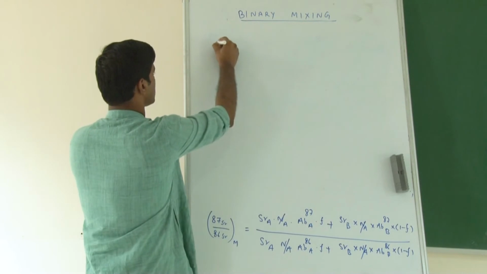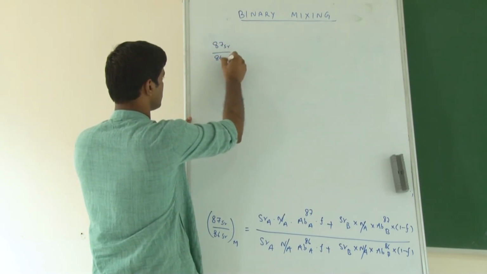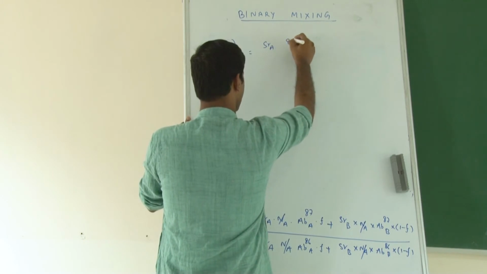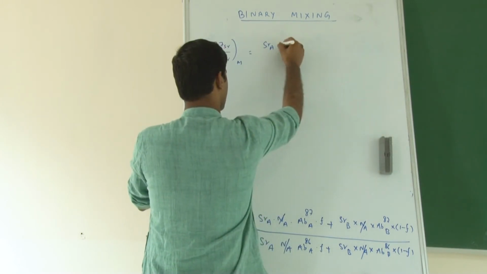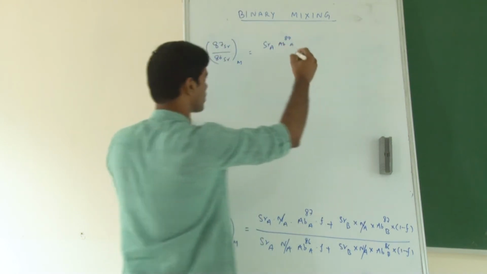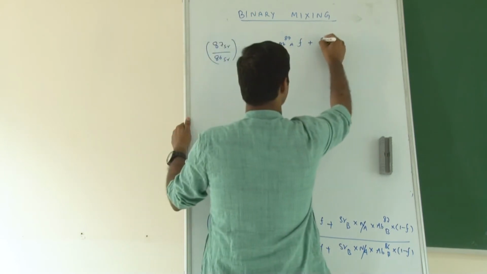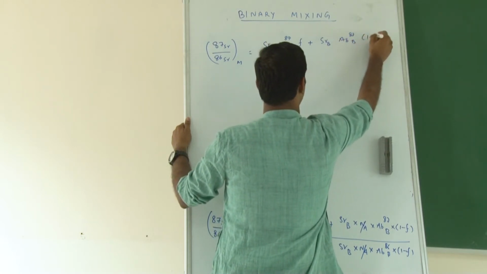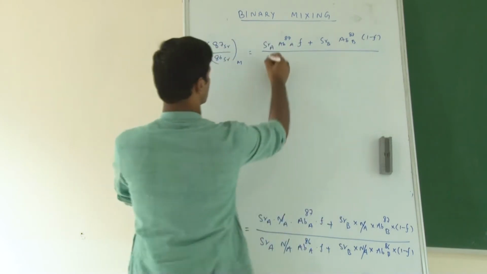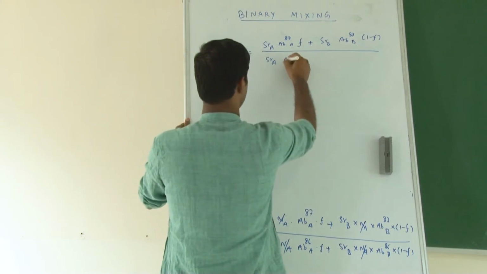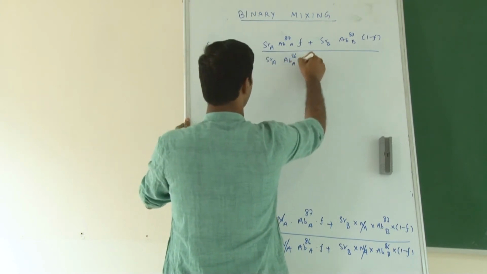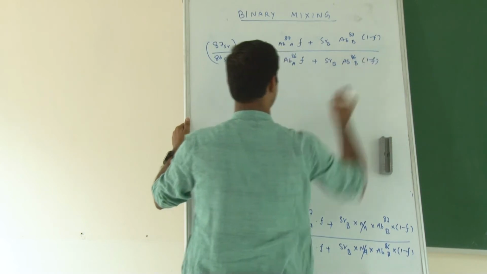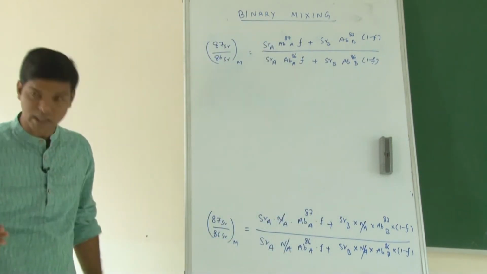Now, this equation becomes 87 strontium by 86 strontium in the mixture will be equal to strontium A, abundance of 87 in A into F, plus strontium B, abundance of 87 in B into 1 minus F, divided by strontium A, abundance of 86 A into F, plus strontium B, abundance of 86 B into 1 minus F. We know 86 is a stable isotope.